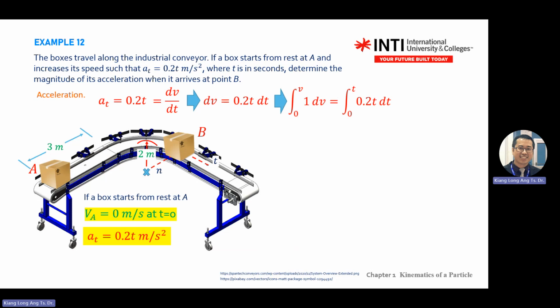I just put 1 as a precaution. From 0, the question already tells you it starts from rest. Until what velocity, you don't know. For things that you don't know, put an alphabet letter. Don't assume. If you think they are unknown, put an alphabet there.